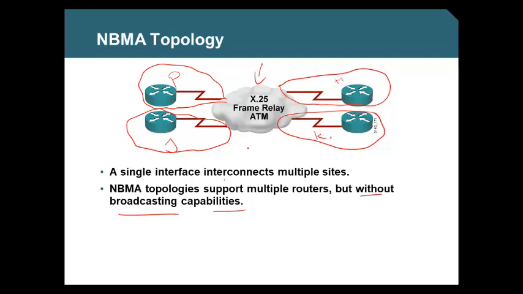See, we call this underlay and overlay. Underlay is without broadcast capability. We call it non-broadcast multi-access. That is underlay. What is overlay here? Frame relay. What does frame relay provide?